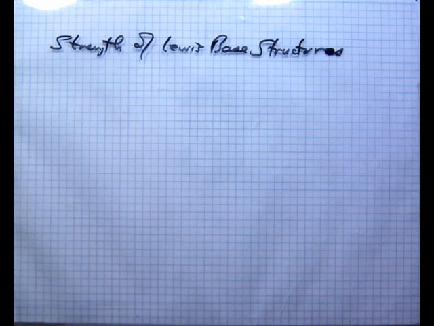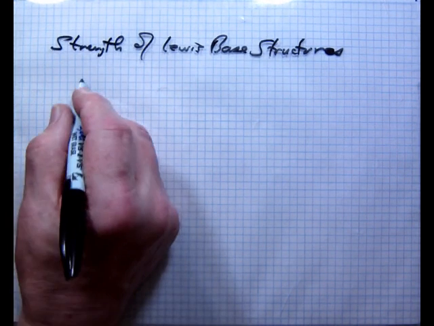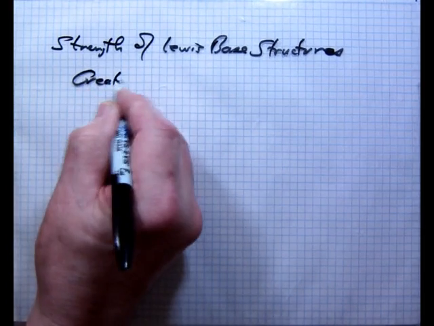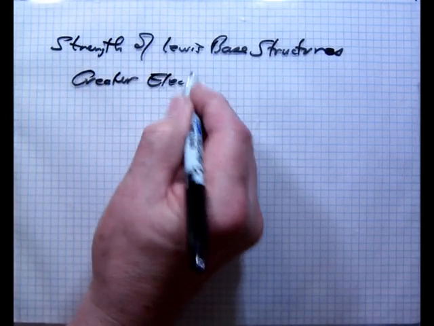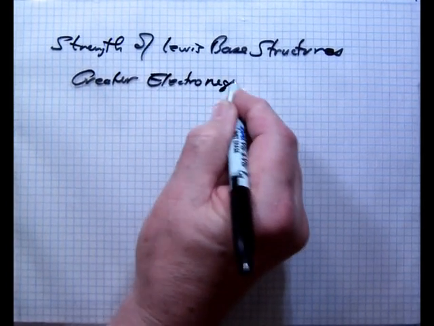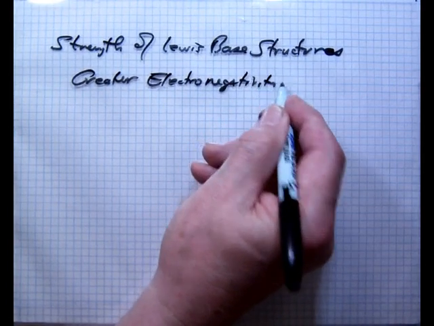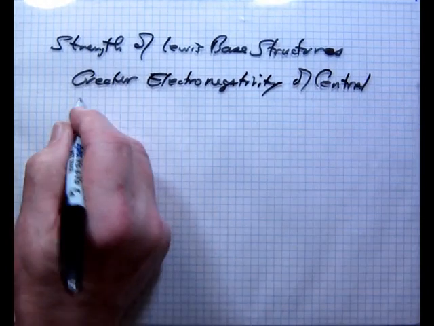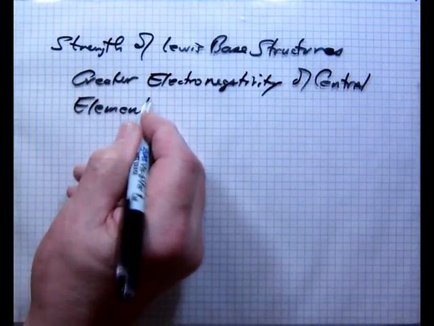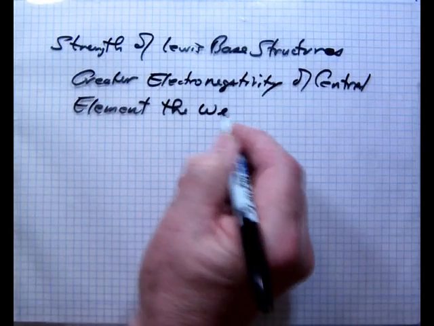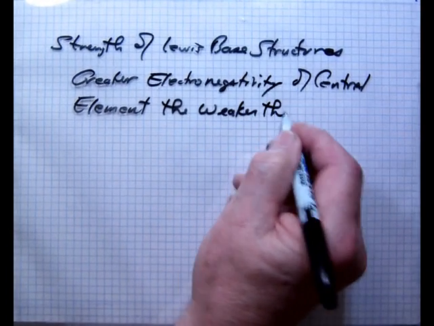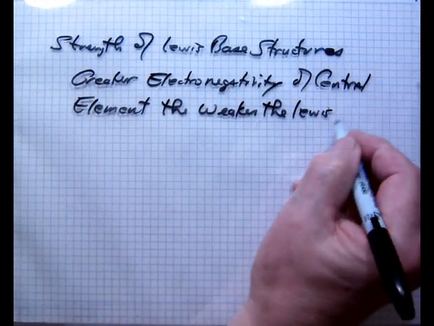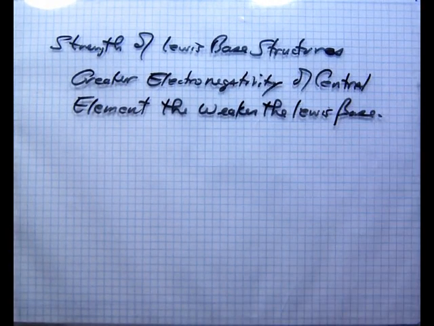Strength of Lewis acid-base structures. The greater the electronegativity of the central element, the weaker the Lewis base.